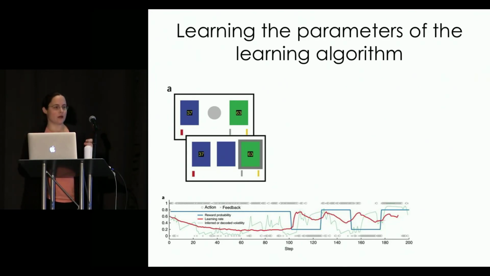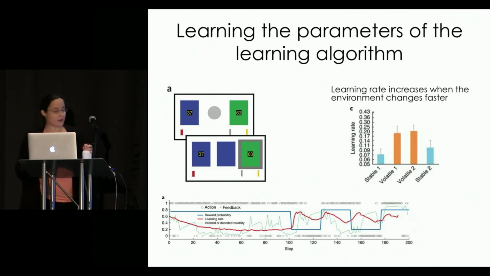And they showed that optimally you should adjust how quickly you learn as a function of this volatility. So the quicker the environment changes, the faster you should learn to be able to catch up on the environment.